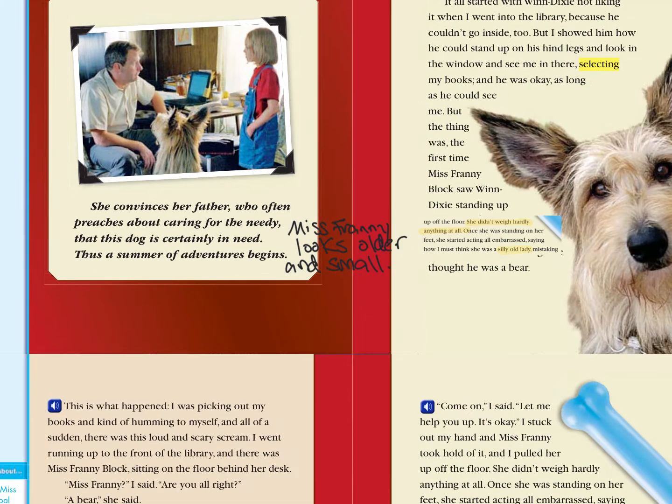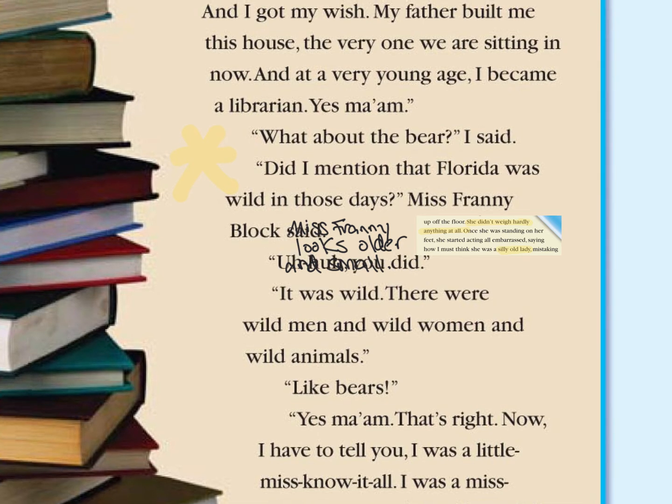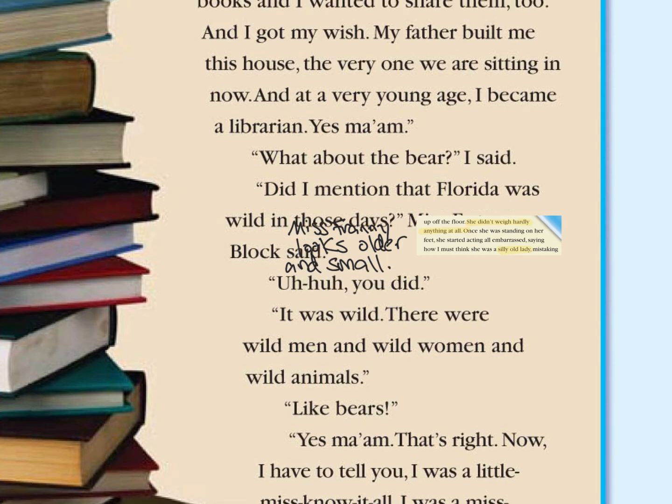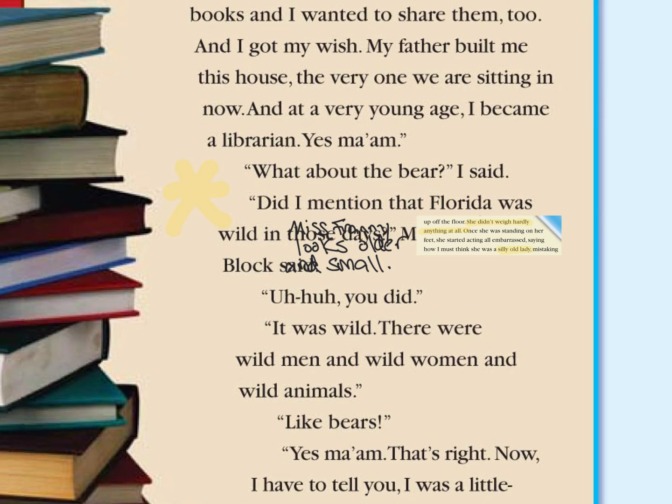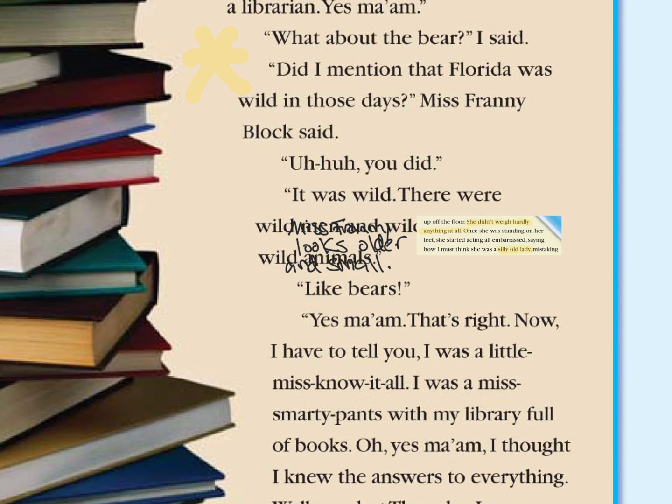We can go back to the block where she said. As I look back at the text, I'm looking for anything that tells me more about what Florida used to look like. I'm noticing it tells me, "What about the bear?" I said. "Did I mention that Florida was wild in those days?"